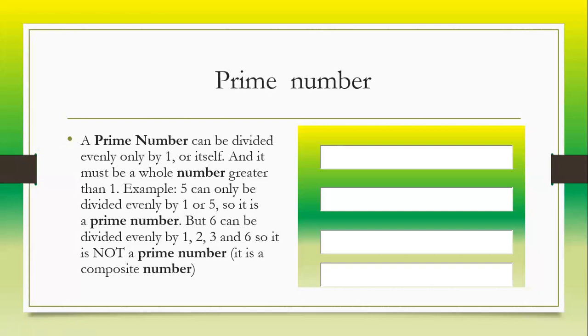All right. Now, is 4 a prime number? No, sir, because it divides by too many numbers. It must only divide by 1 and itself. Very good.